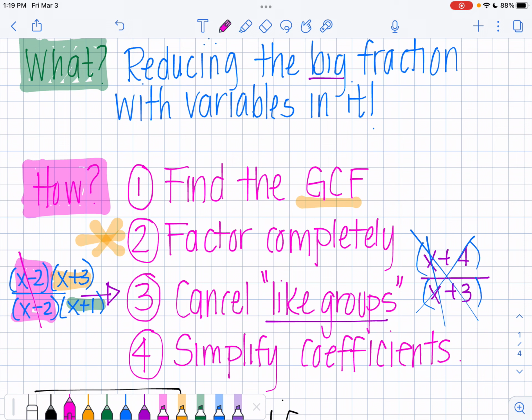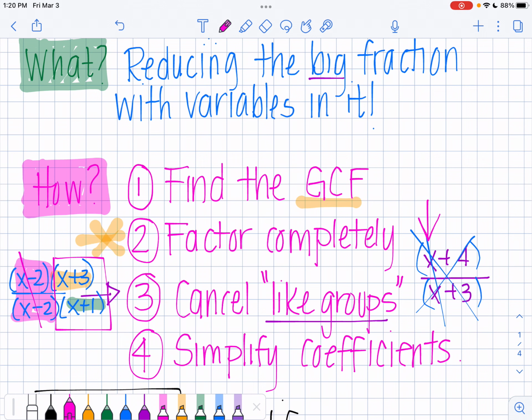So I can cancel these x minus 2's, leaving this with my final answer. But no illegal canceling of things that you're just adding. That will get it wrong every single time. Okay, so we cancel our like groups. Our things that are multiplied together are the things that we can cancel, or we can reduce the fraction.